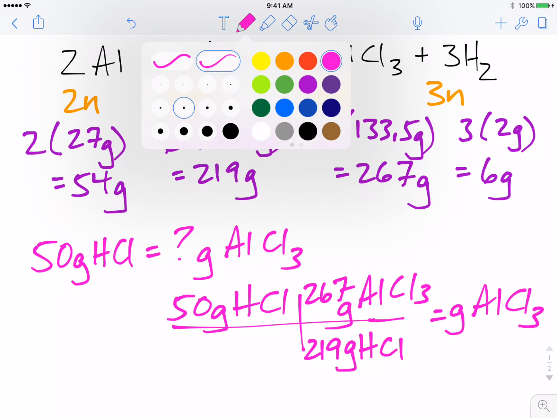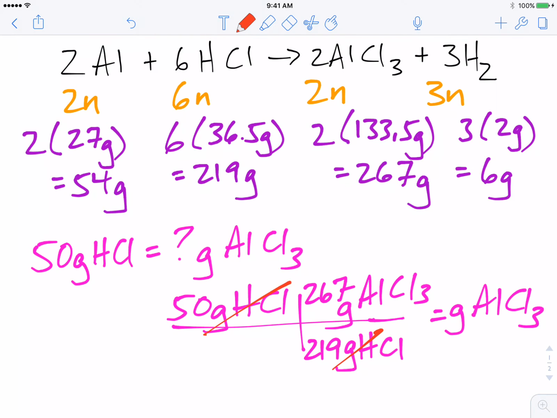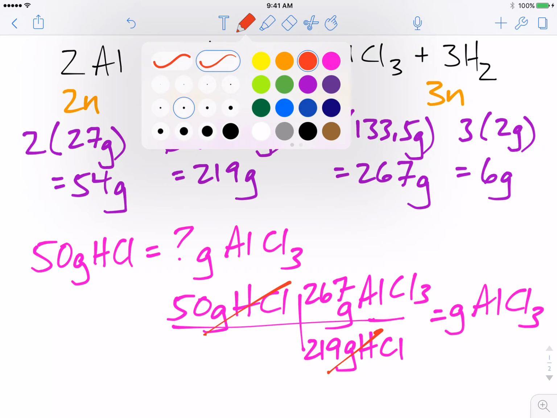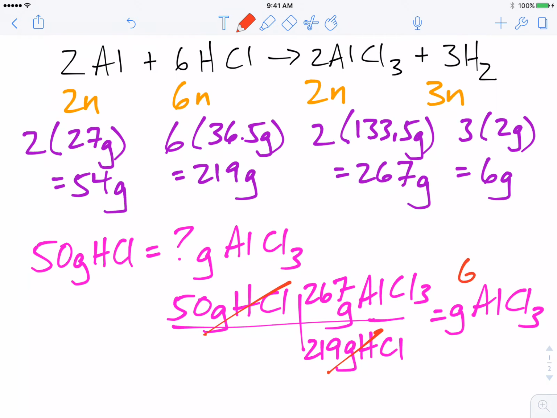My units of grams of HCl cancel, and now it's a matter of doing our math. So we're going to take 50 times 267 divided by 219, and we get about 60.96, maybe we'll round that to 61, depending on how we wanted to round things. So that's 61 grams would be our answer.